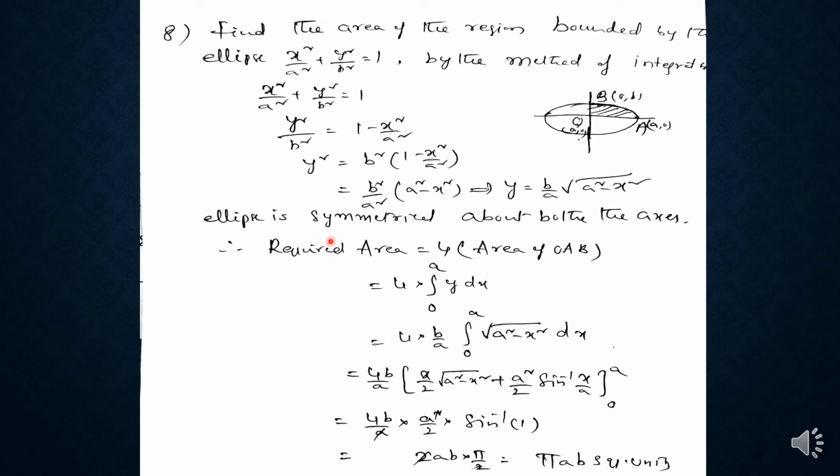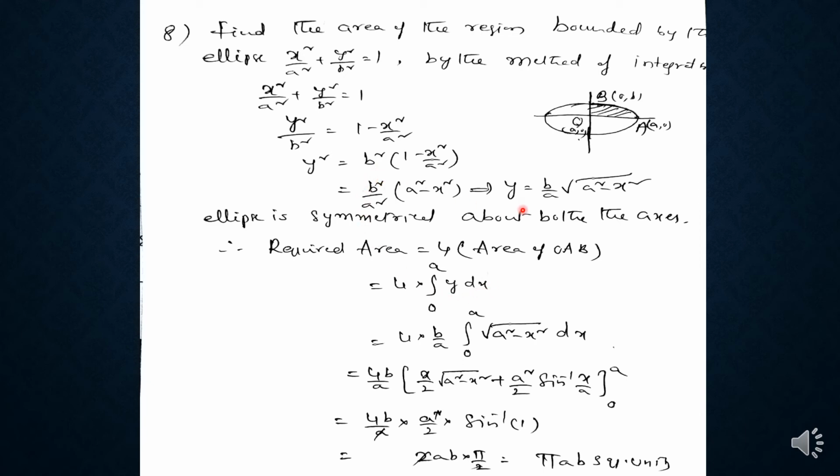So the ellipse is symmetrical about both the axes. Then the required area can be written as 4 into, since the 4 parts are equal, 4 into area of OAB, that is 4 into the integral with limits from x is equal to 0 to x is equal to a, that is integral 0 to a of y dx.